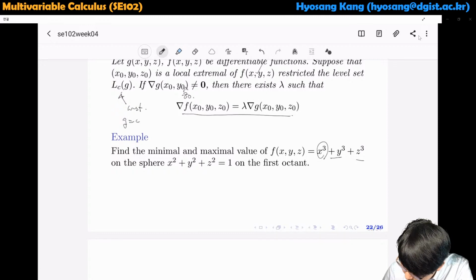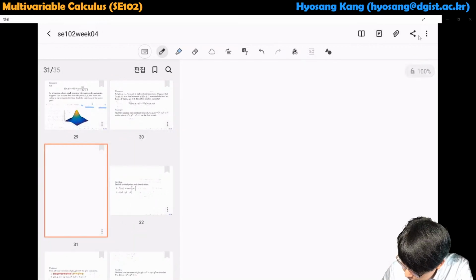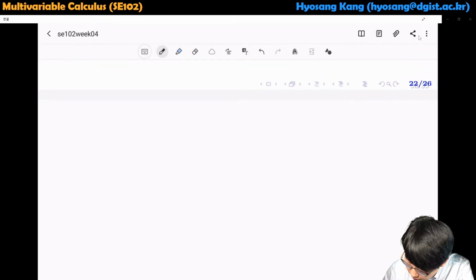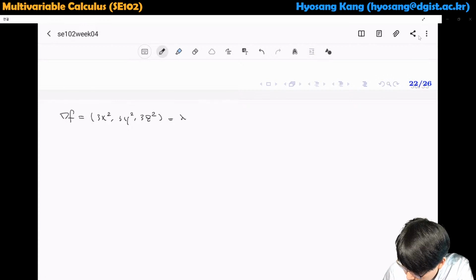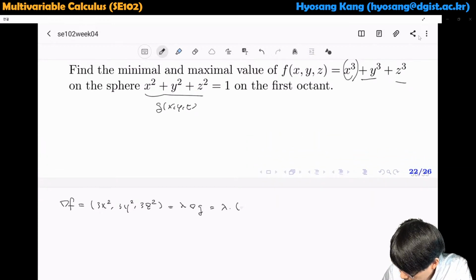So let's say this is my g, x, y, z, and maybe I need more space. So gradient f is 3x squared, 3y squared, 3z squared, and that should equal lambda times gradient of g, which is lambda times 2x, 2y, 2z.